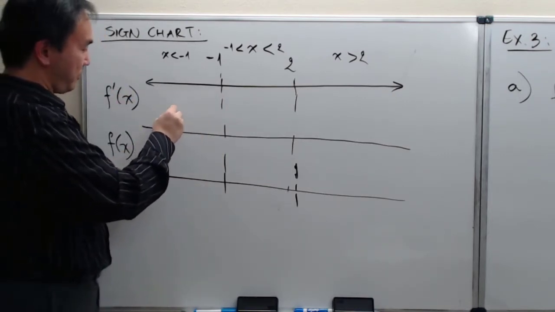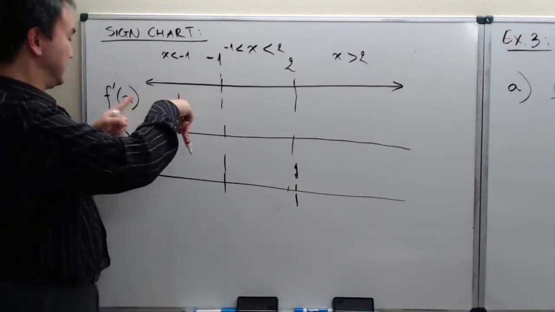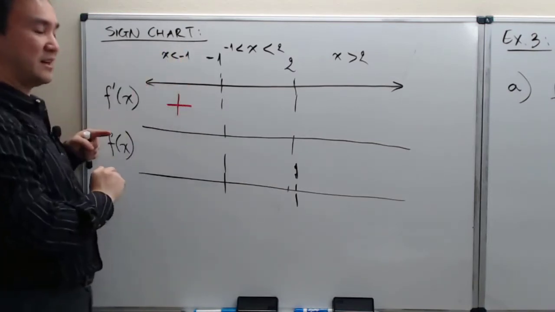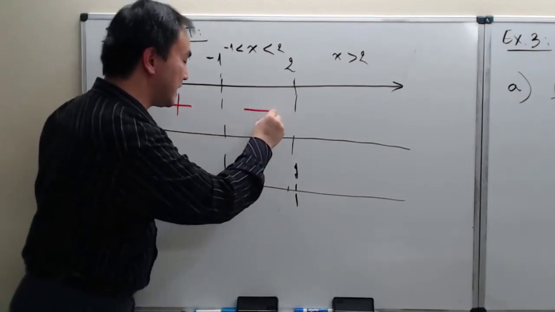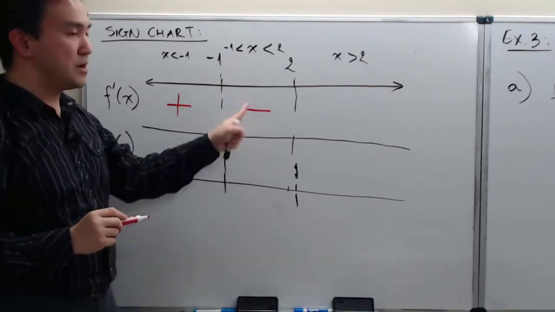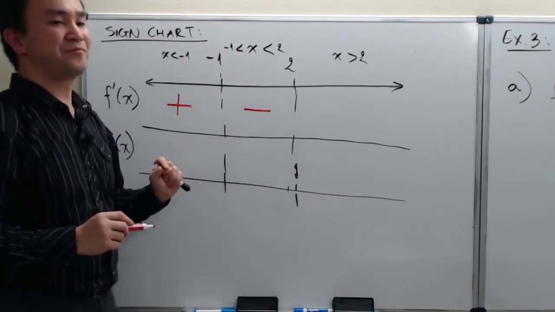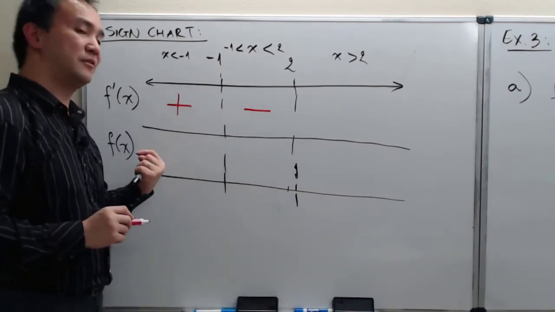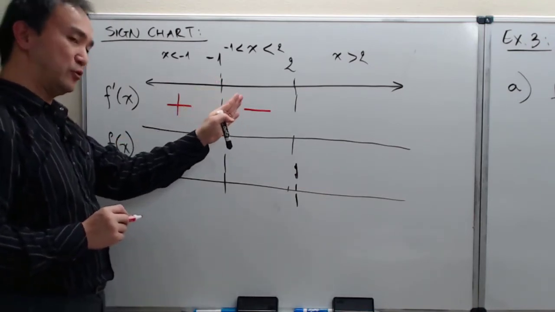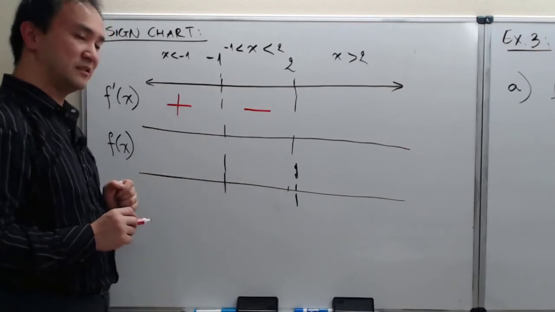We already agreed that we had a positive sign for f prime of x in this first interval, and a negative sign for f prime of x in this middle interval, for x values anywhere between -1 and 2. You can roll back to the earlier part of the video in example 2 to see again how I decided that.